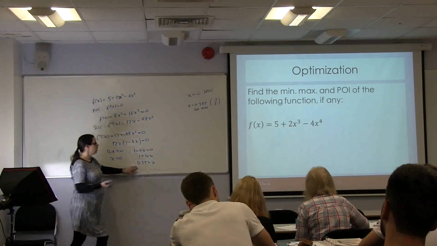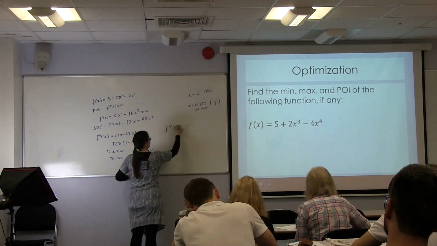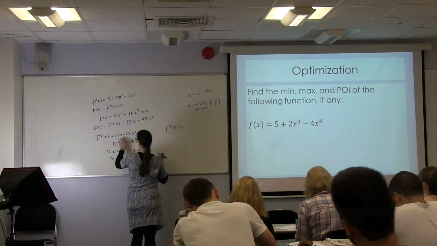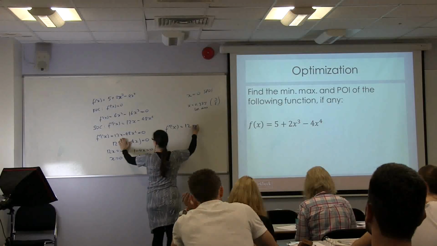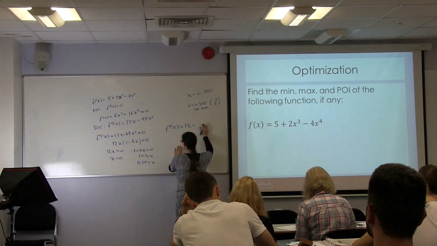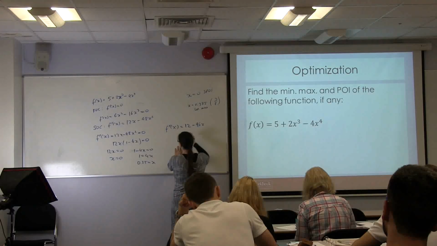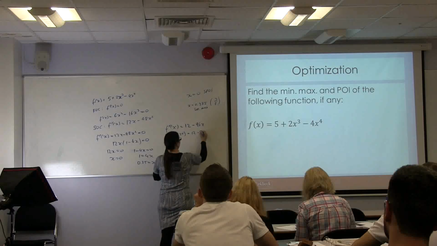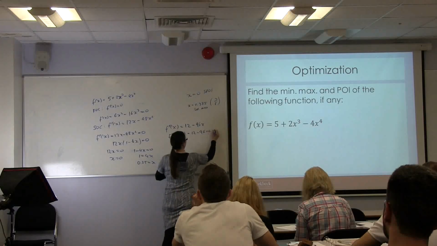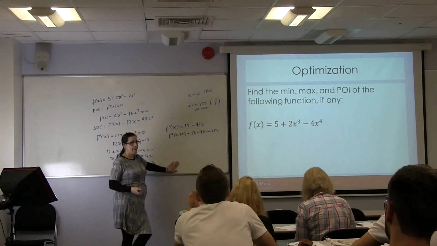So the third order derivative is 12 minus 96x, and at 0.25 is that going to be 0?